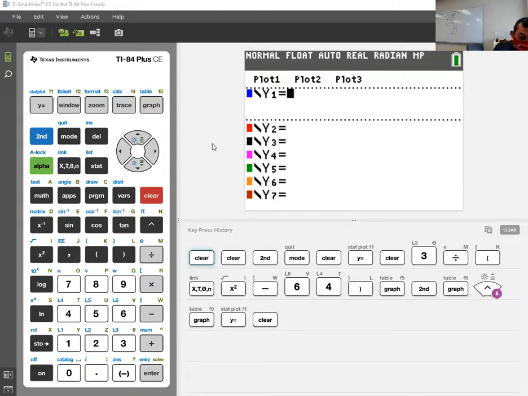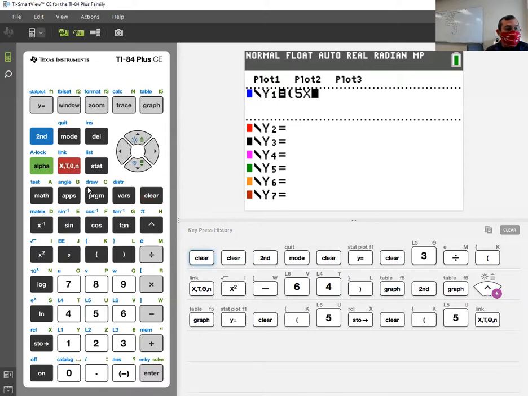All right, so we put the top in parentheses, so parentheses, and then 5x plus 2, close parentheses, and then divide by the 1x on the bottom.